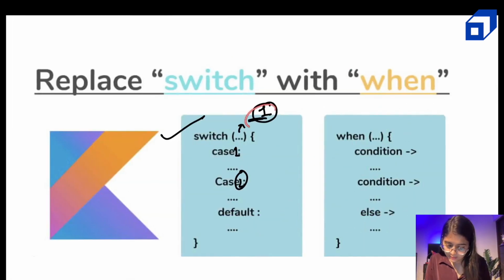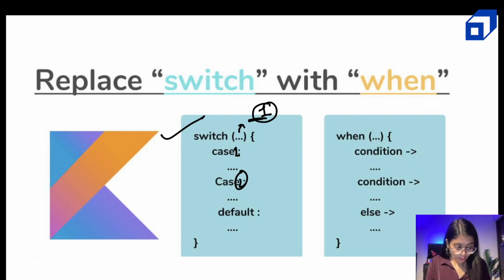So inside the when expression, it compares all of the branches one by one until a match is discovered. Let's say we have 3 here, so if any condition matches, we find the first match and then it proceeds to run that particular code block.